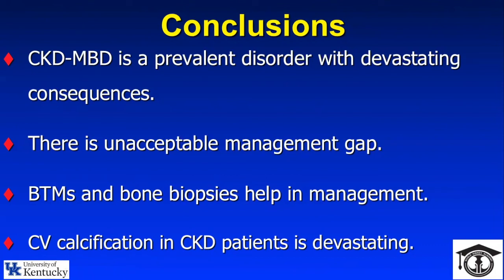Searching for early cardiovascular calcification and trying to use preventive measures when we control the calcium, phosphorus, FGF23, PTH, vitamin D deficiency, all of these abnormalities can retard or delay the progression of CKD-MBD.